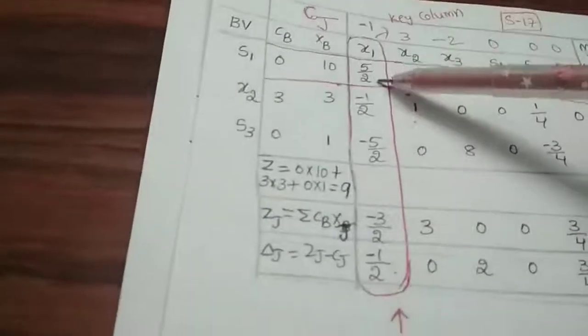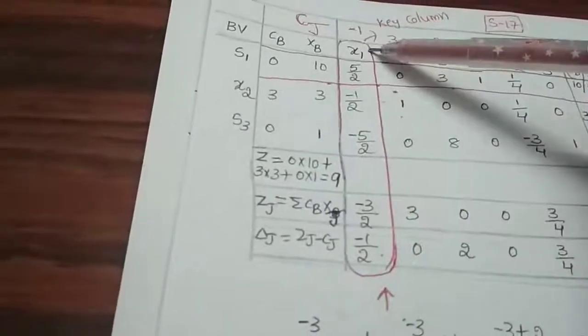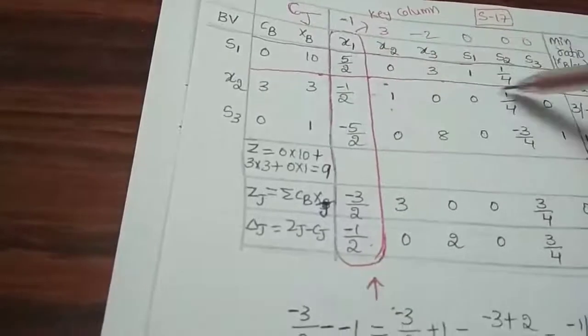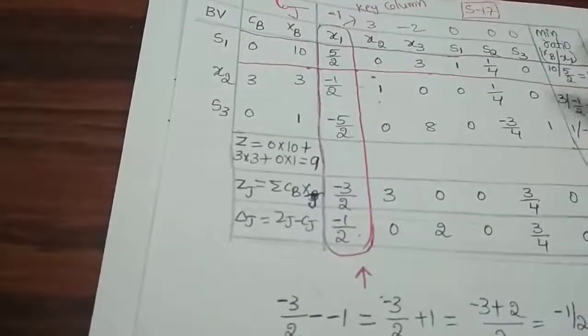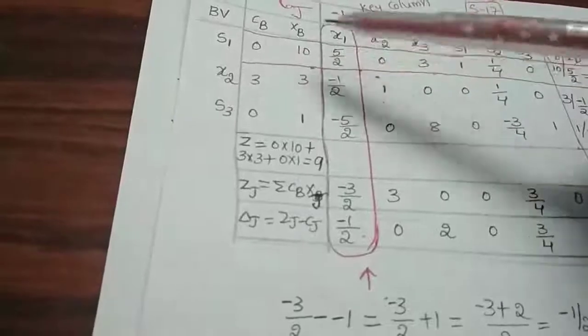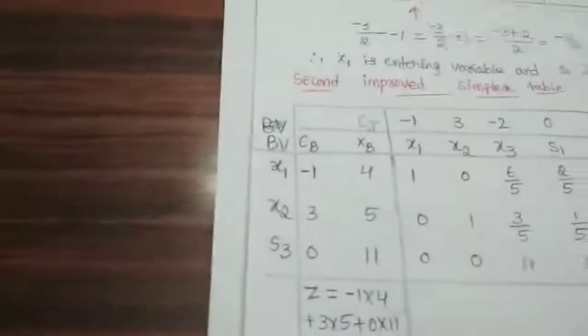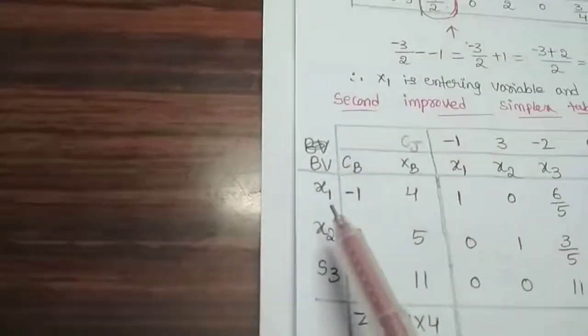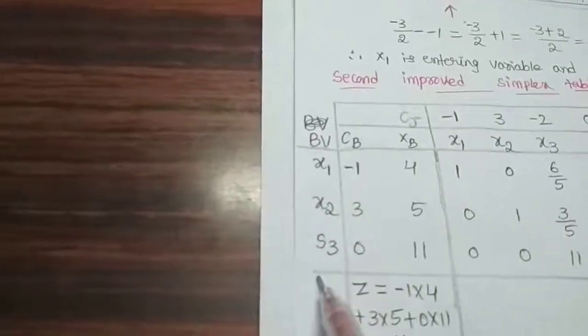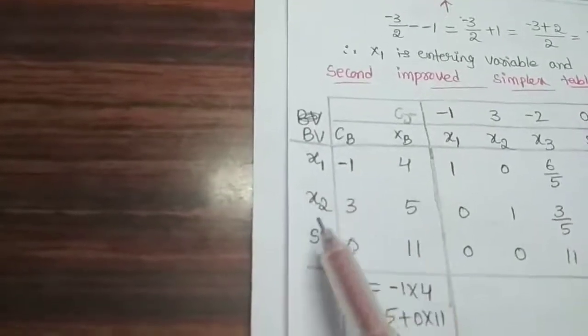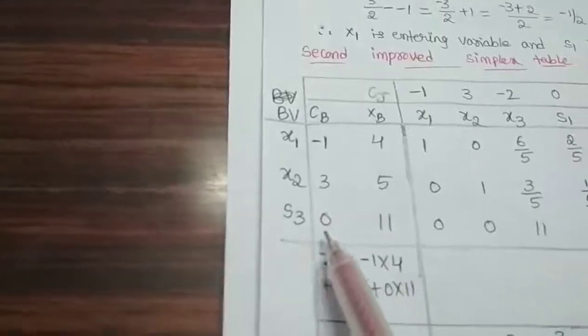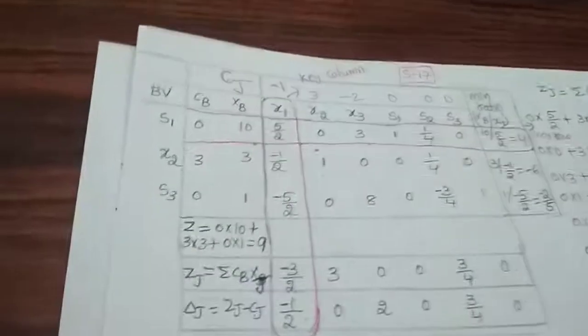Here x1 variable is the entering variable, s1 variable is the leaving variable. In place of s1, x1 is entered, that is basic. In place of s1 x1 is entered, x2, s3. x1 coefficient value is minus 1, x2 coefficient value is 3, s3 coefficient value is 0. Here also we are applying the same procedure.